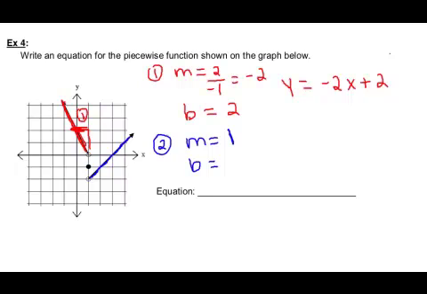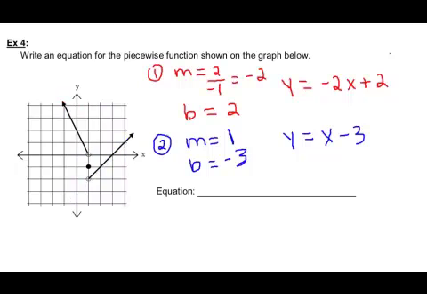So we can go down 1 to the left 1 to get to the next point on the graph. And that will show us that our y-intercept is -3. You could also use a point on the graph to find that y-intercept as well. But this one's pretty easy to see on the graph that our y-intercept is -3. So the equation for this part of our graph is y equals x, or 1x, minus 3.